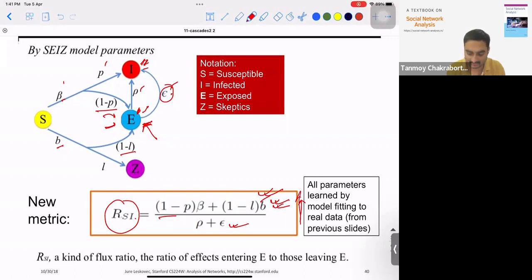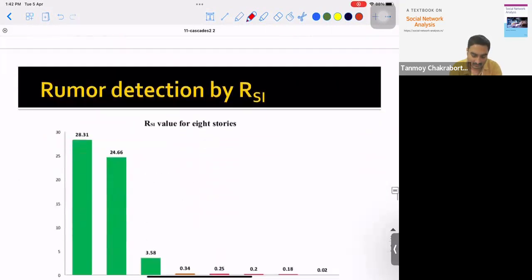If it is higher, then this would be higher. So exposed users are much higher than the number of infected users. And if it is 1, or if it is less than 1, right, then it basically indicates that this number is much lesser than this number.